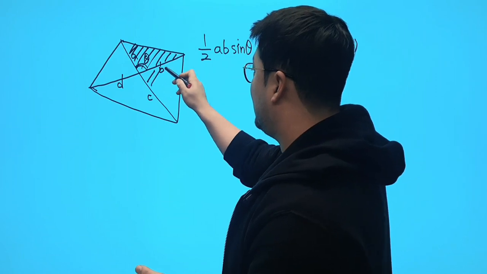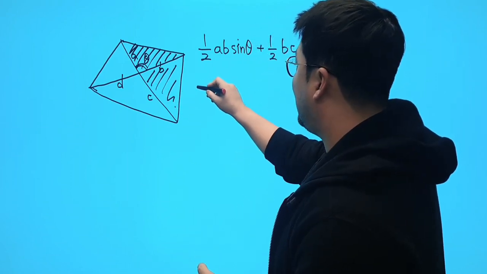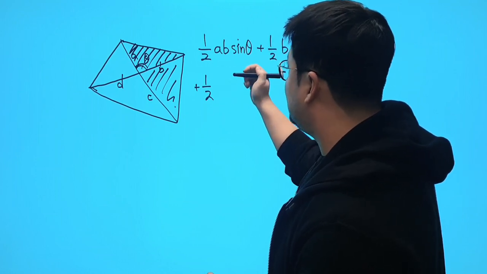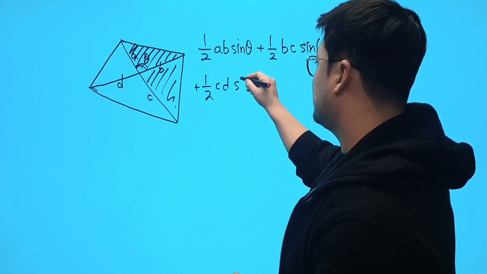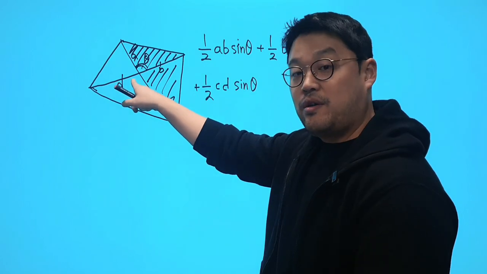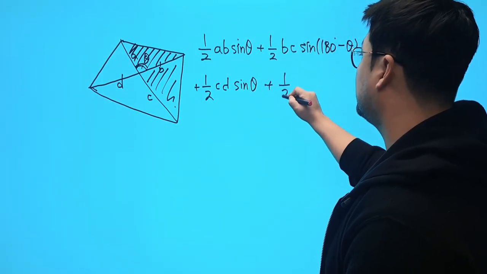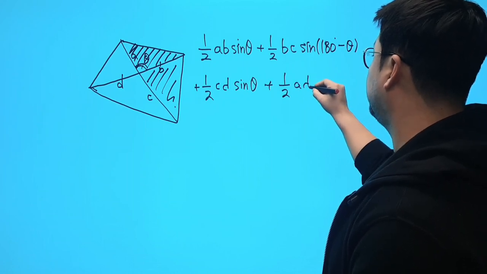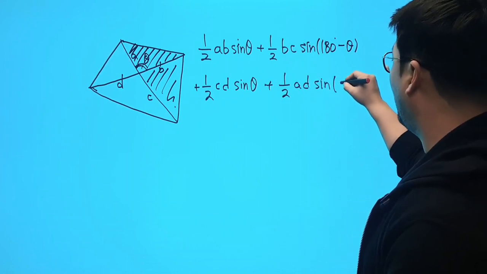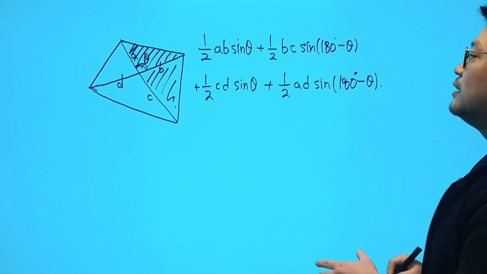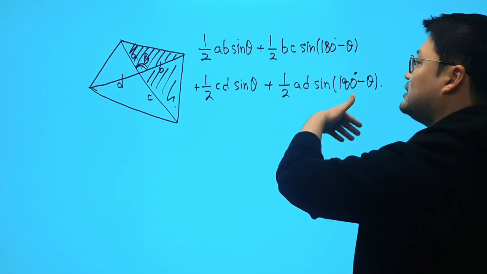And we can mark this one, and we have 1/2 times CD sine theta, because that's the vertical angle of theta. And we get 1/2 times AD sine 180 minus theta.